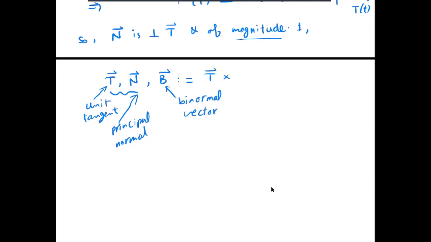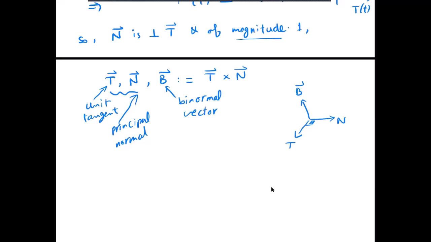So if T is here, N is here, perpendicular to it, then B is perpendicular to T and N, going by the right-hand rule.